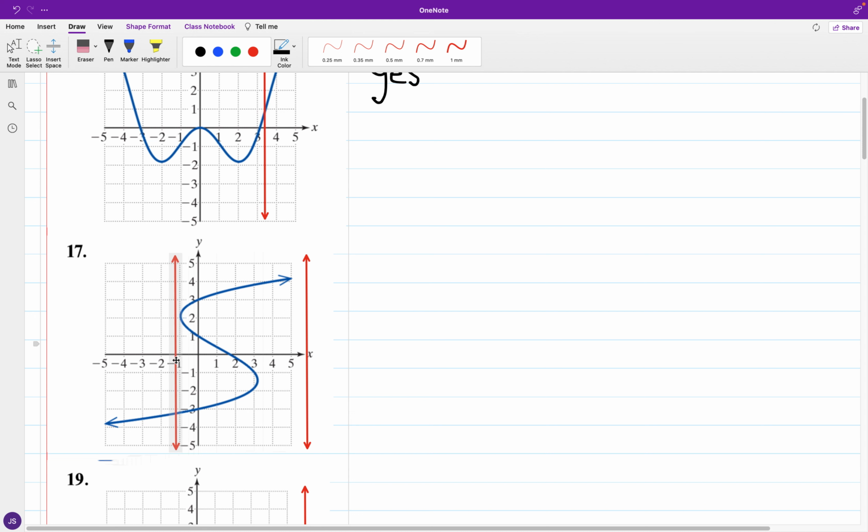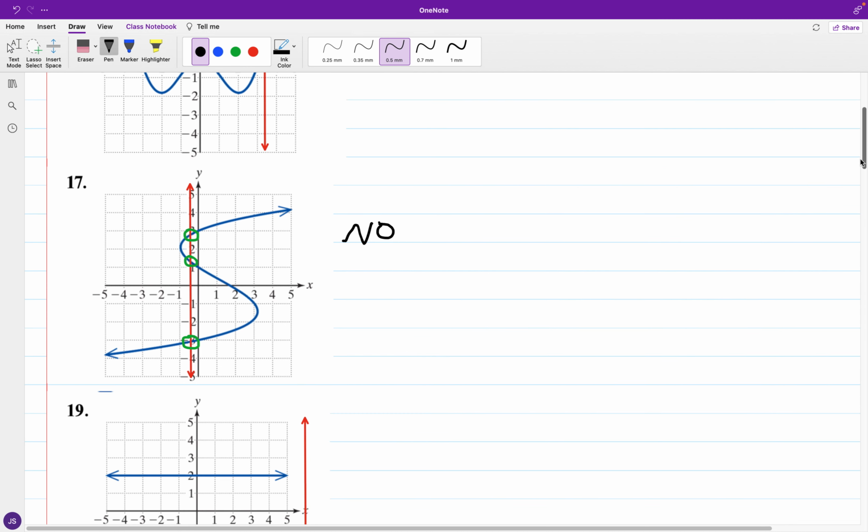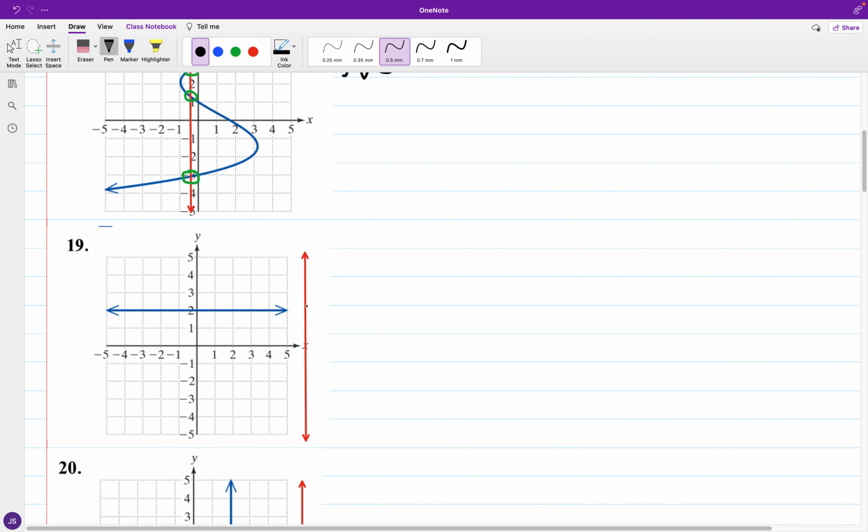But once we get into the middle section, right at the y-axis, for the same x value you have intersection between the vertical line and the graph at more than just 1 point. So 17 is a case of a non-function. It does not pass the vertical line test.